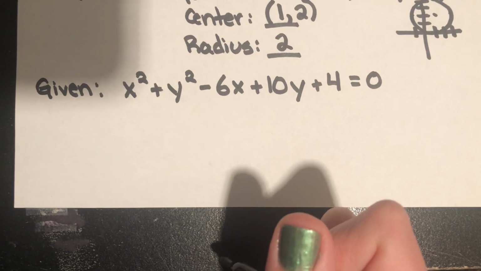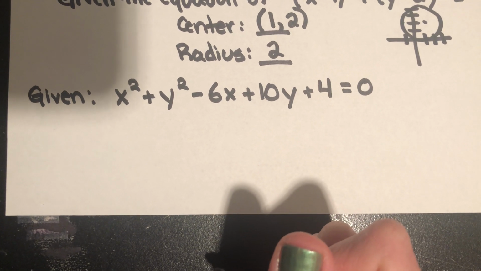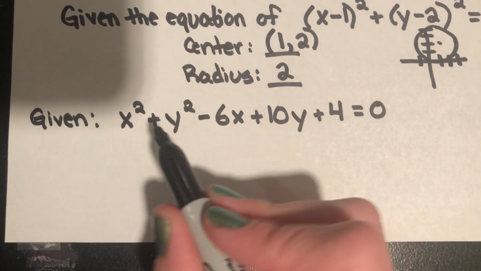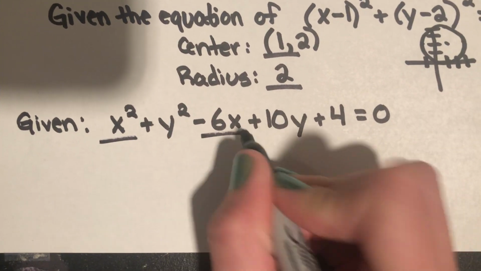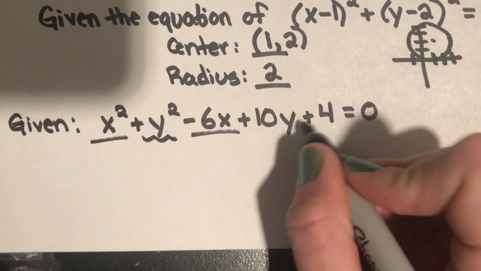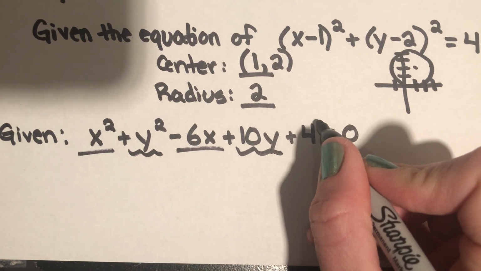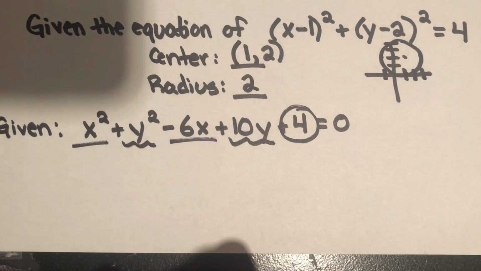From that, we want to find the equation in standard form, the center, and the radius. First, I'm going to break this apart into my x values and my y values, and put the 4 on the other side.